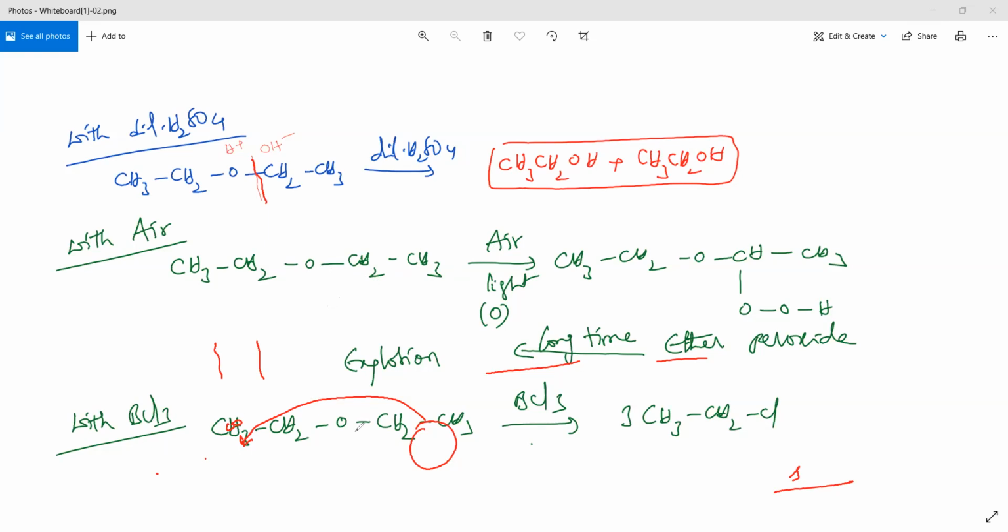Next, BCl3. With BCl3 we have CH3CH2O CH2CH3. BCl3 will break these two bonds here, and then break these two bonds here.